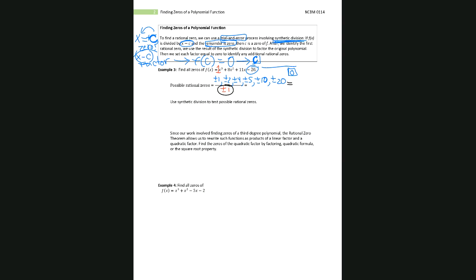So we'll have plus minus 1, plus minus 2, plus minus 4, plus minus 5, plus minus 10, and plus minus 20. So we have 1, 2, 3, 4, 5, 6. We have 12 possibilities.